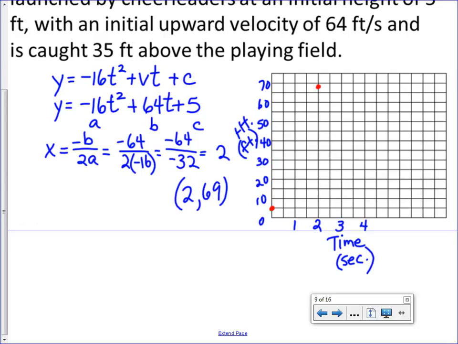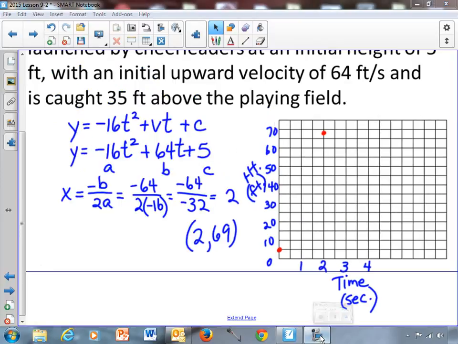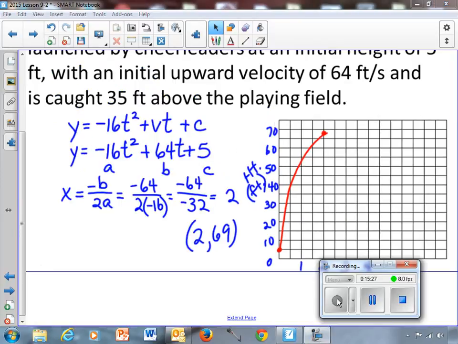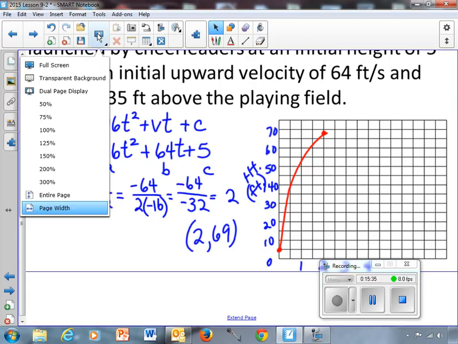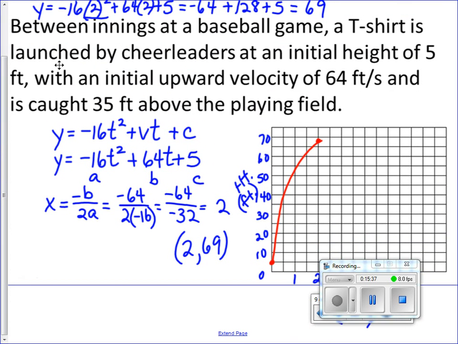So what we know from this is that our y is 35. At this point we're going to draw the initial part of our parabola, and then let's go on to the questions that we have to answer.